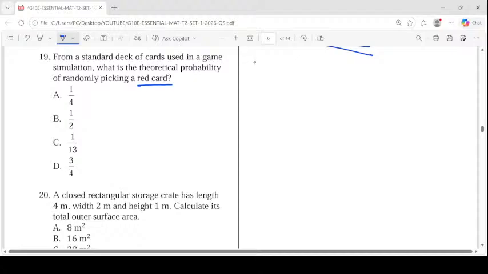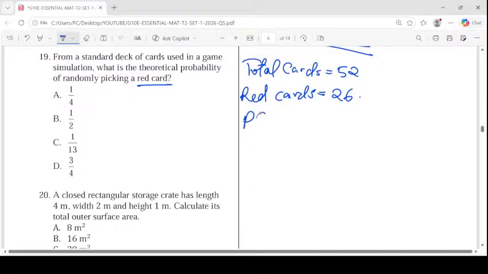The total number of cards for a standard deck is 52. The number of red cards are 26. So the probability of picking red becomes 26 over 52, which evaluates to a half, making choice B for boy the correct answer. So that is what you had to answer in question number 19.